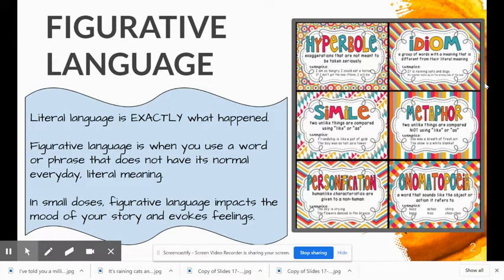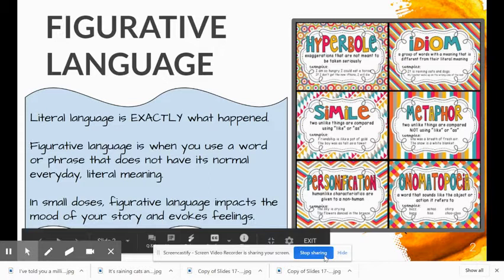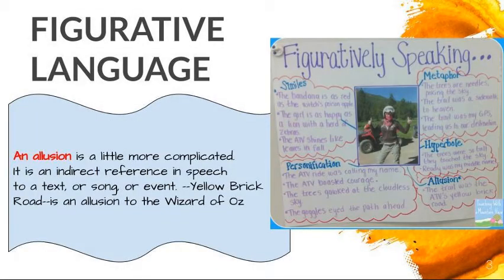Personification is when you give human-like characteristics to something that is not human. And onomatopoeia is those words that sound like the object or action it refers to: buzz, achoo, chirp, that kind of thing. Allusion is a type of figurative language that is a little bit more complicated because it is an indirect reference to something, an event, a song, or another text.